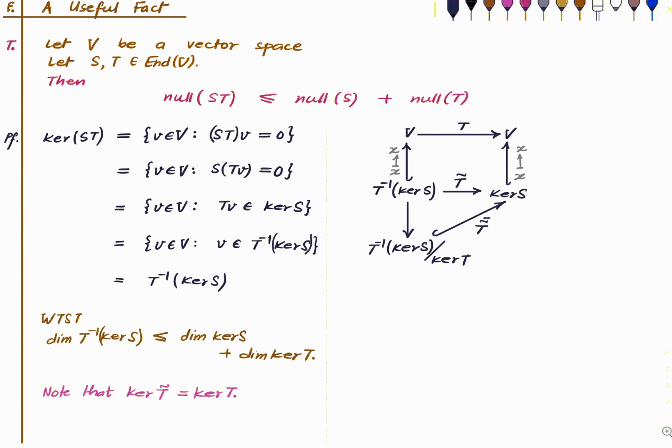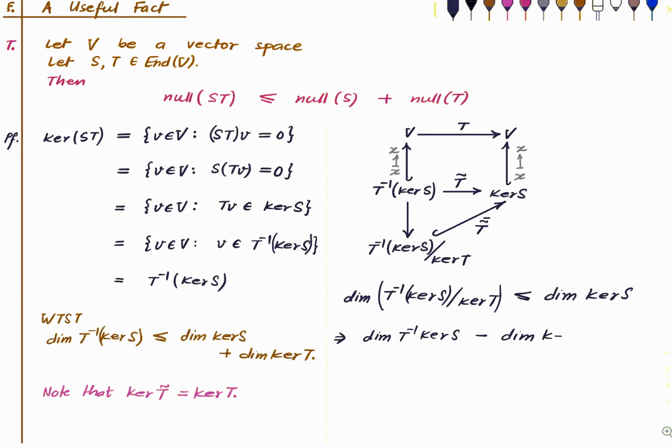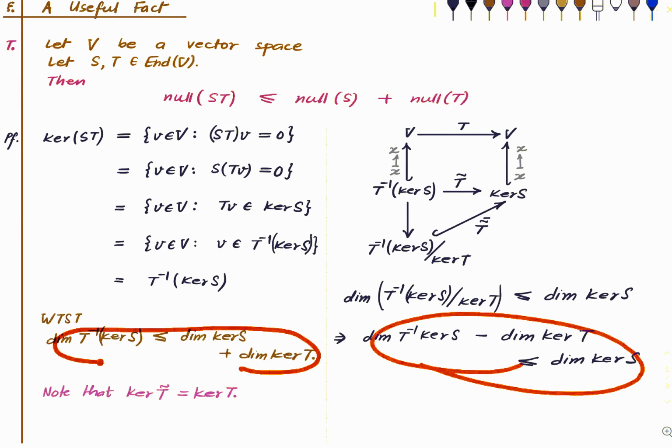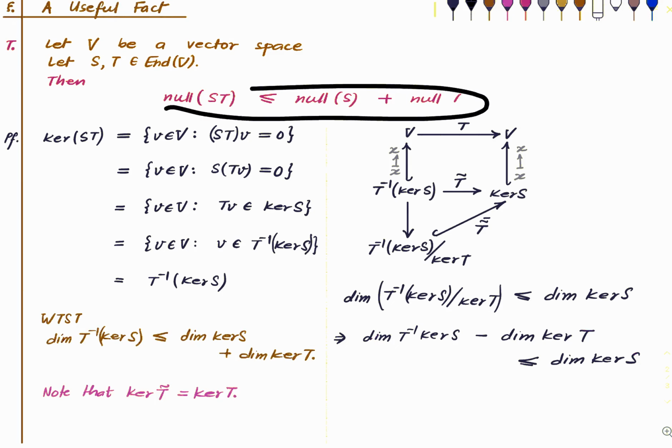And thus we deduce that the dimension of this quotient space is at most the dimension of the kernel of S. But what is the left-hand side? The left-hand side is the dimension of T inverse kernel of S minus the dimension of the kernel of T, less than or equal to the dimension of the kernel of S. And if you just rearrange these things, you get the orange thing, which is the same as the red thing. That is what we wanted to prove.